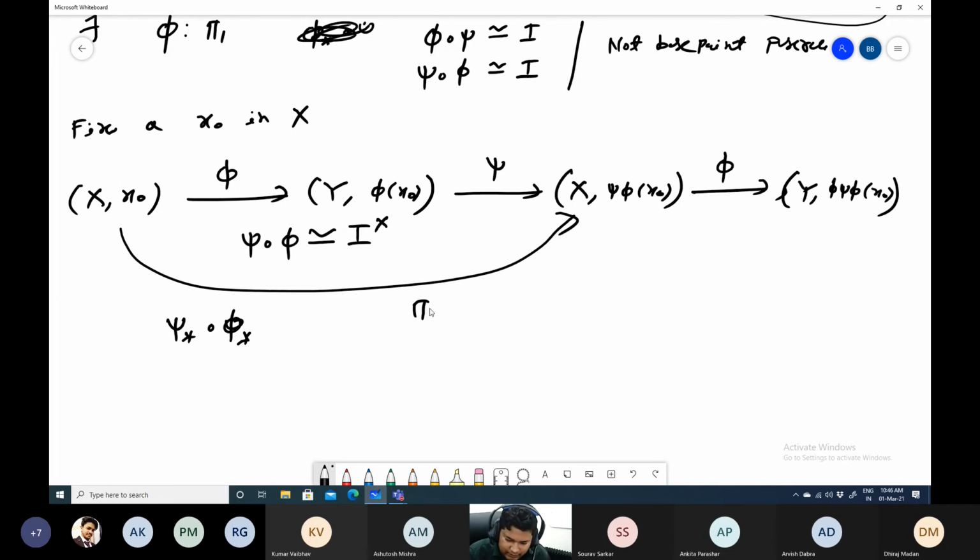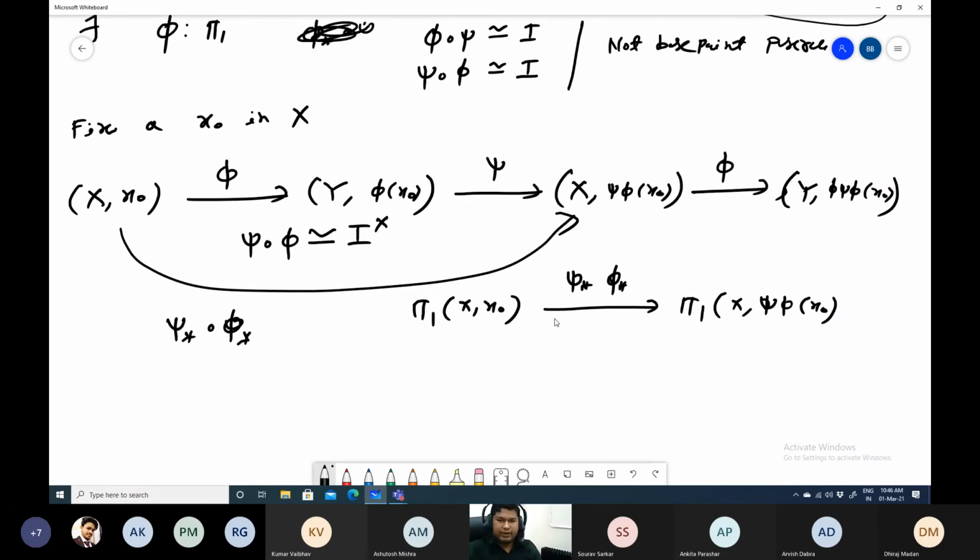So we have pi1(X, x0) to pi1(X, phi x0). So that is your psi star phi star, right? And we know that there is another map from this to this by base point preserving, not this way, in the reverse direction, beta h.